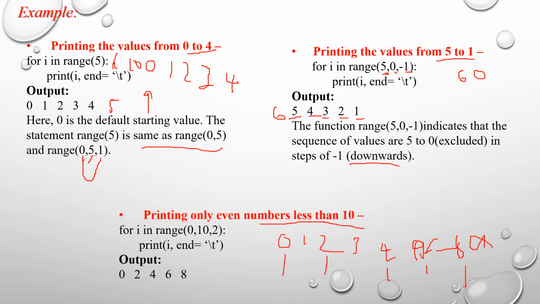So our intention is to print the even values less than 10. So that's why we are using 2 here. The step size is 2. After that we are going to print i. So if we execute this code, the Python interpreter is going to print the values 0, 2, 4, 6 and 8.